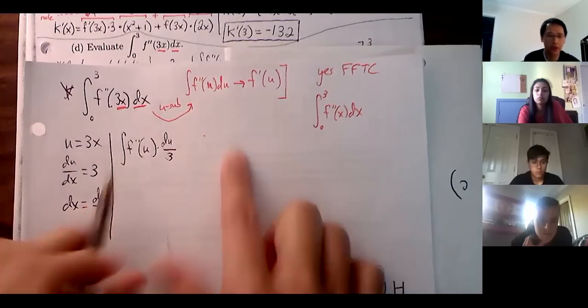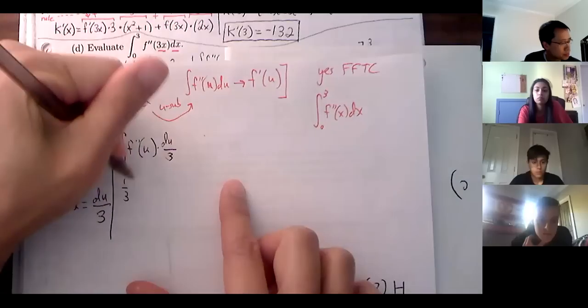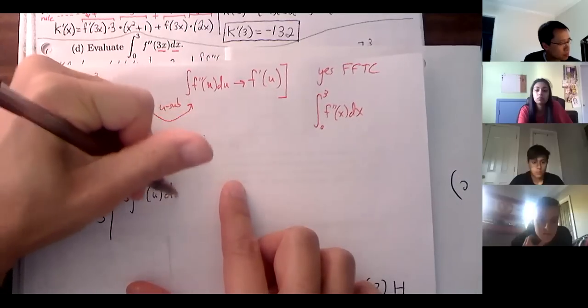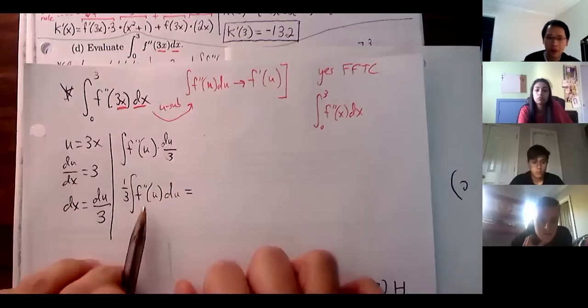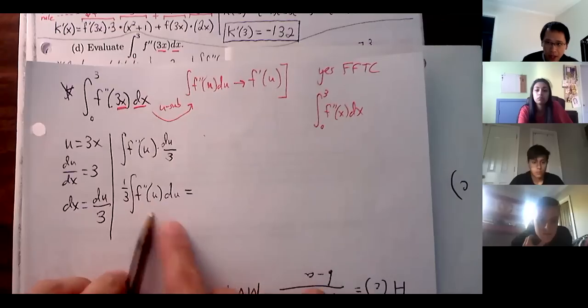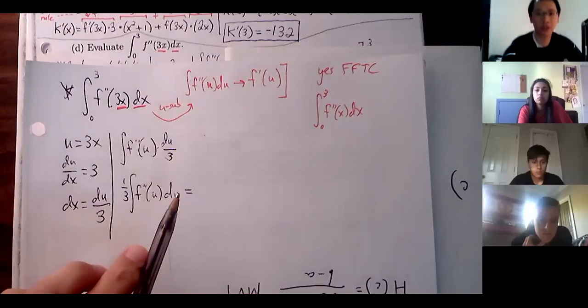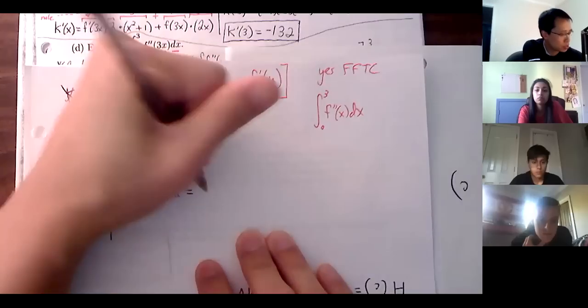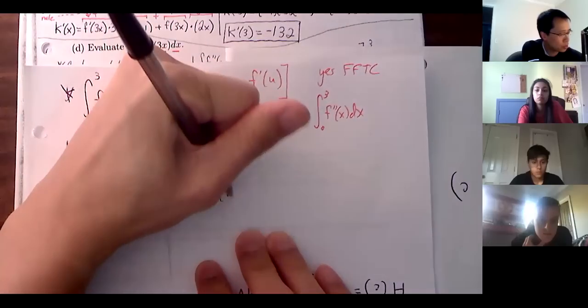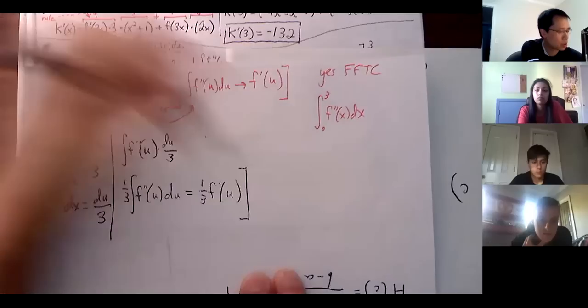I'm going to push that 1/3 out in front. Now, f double prime, right? Now we're in the clear. We know that f double prime is going to turn itself into f prime. So I'm going to have that 1/3 f prime of u, and then I'm going to start worrying about my bounds.